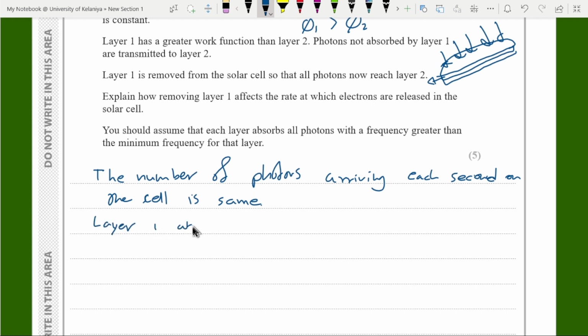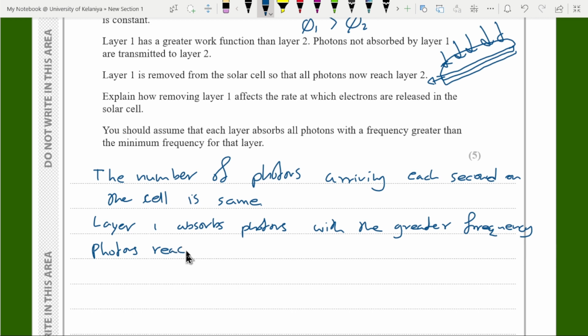Layer 1 absorbs photons with a greater frequency. And photons reaching layer 2 have an energy greater than the work function of layer 2.